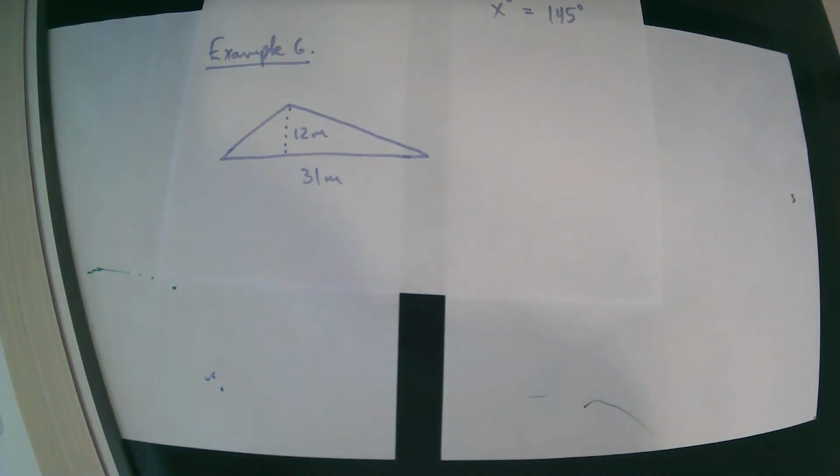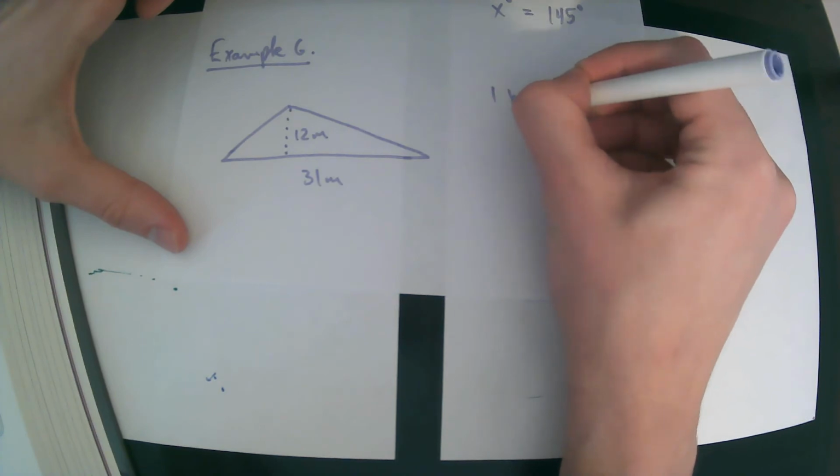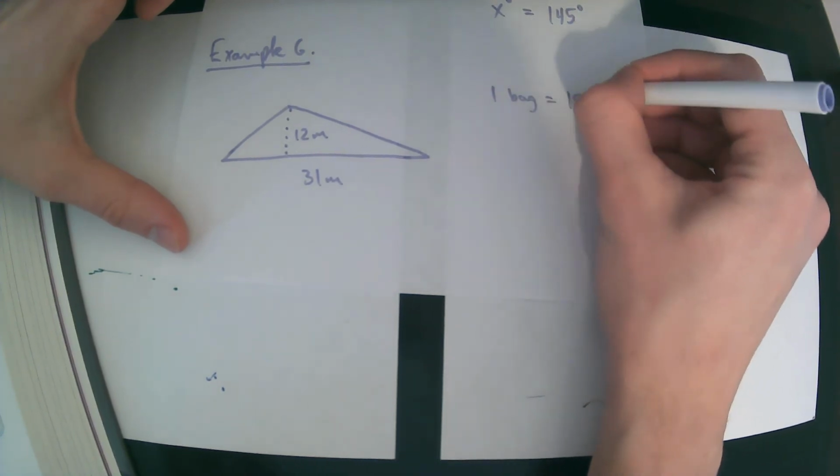So it says a triangular plot of land has dimensions shown in the figure. A farmer wishes to fertilize the plot for spring planting. 1 bag of fertilizer will cover 15 square meters. How many bags of fertilizer are needed? Okay, so 1 bag is 15 meters squared.